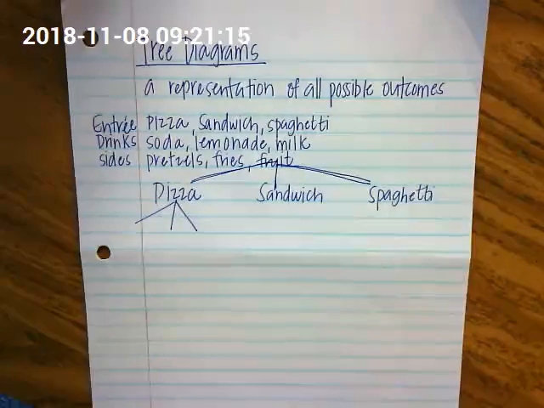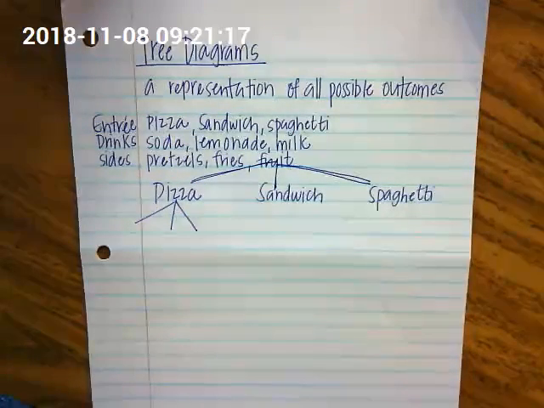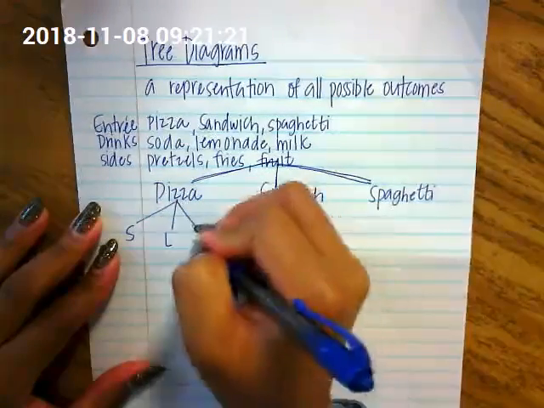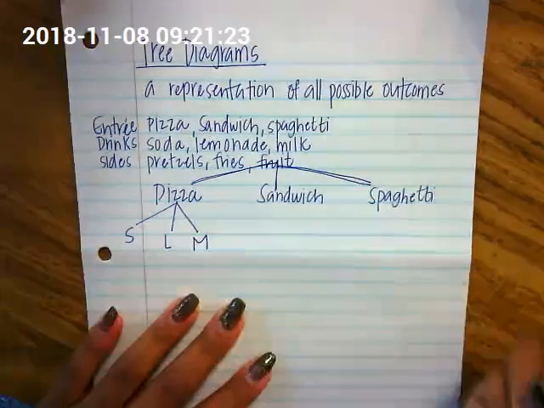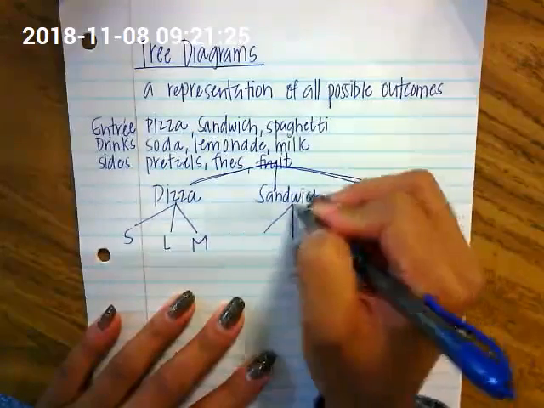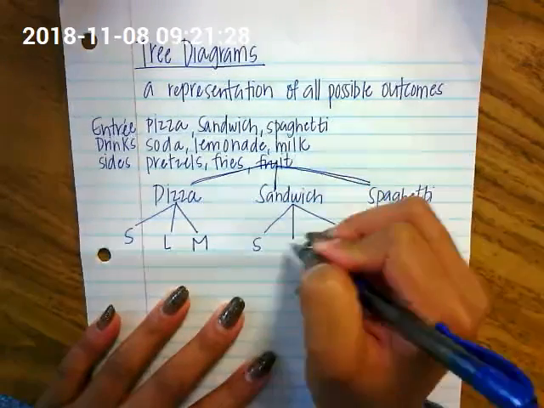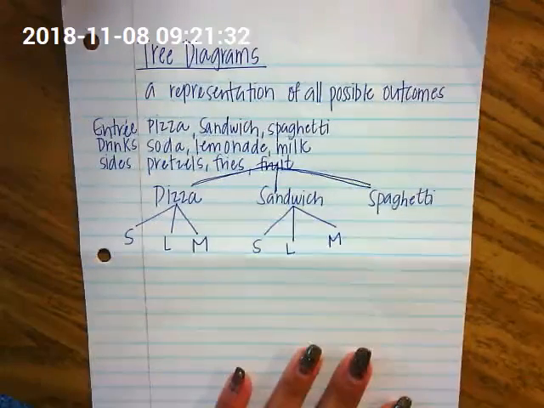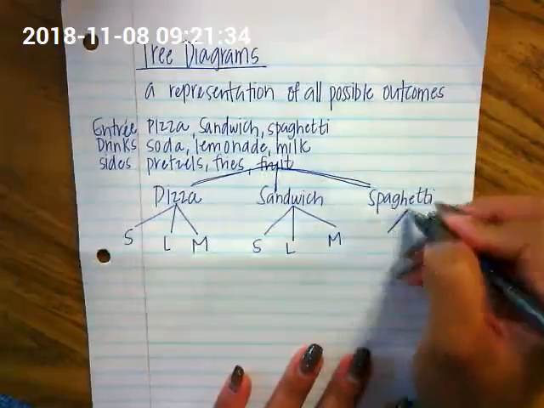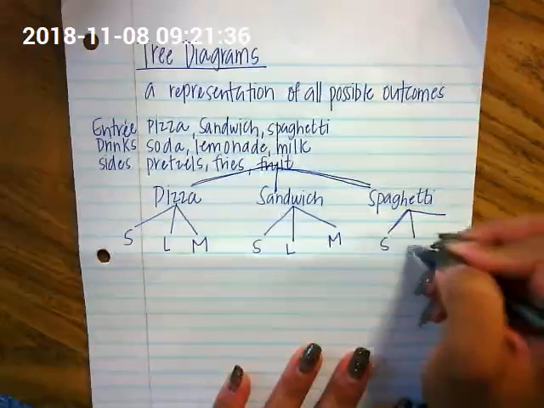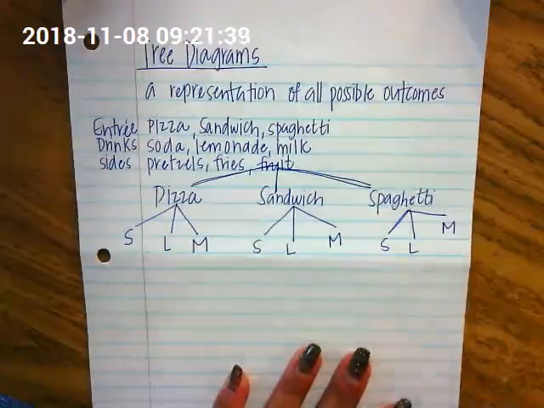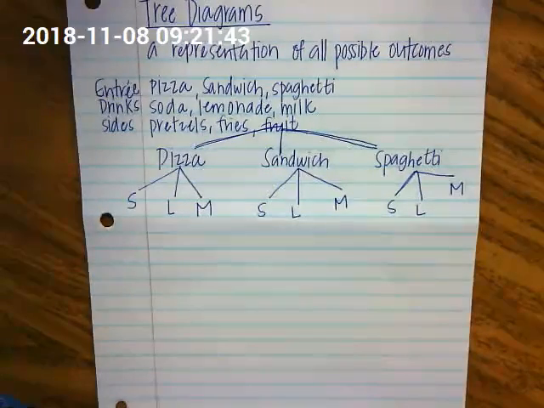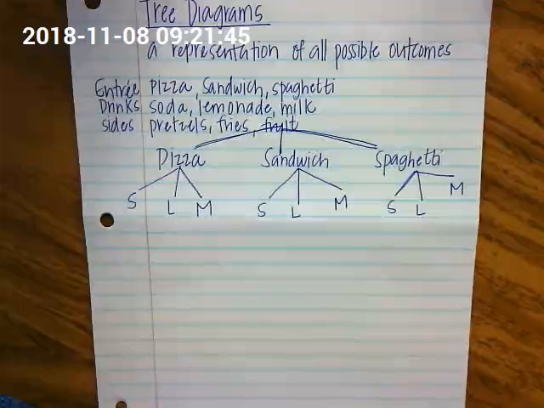Instead of writing out soda, lemonade, and milk, I'm going to just write S, L, M. For the sandwich, the same thing, S, L, M. And from spaghetti, S, L, M. So this is only representing the entree and the drinks.